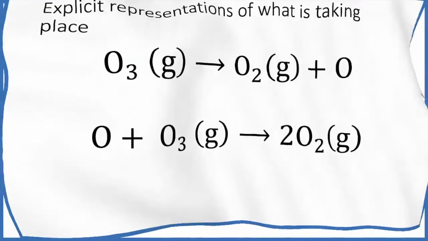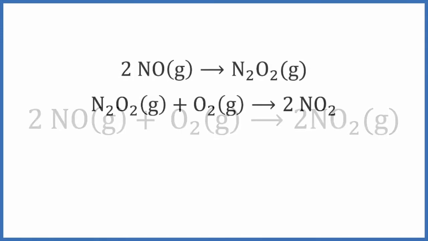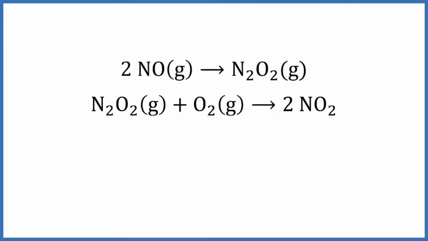Here's an example. We have 2 moles of nitrogen monoxide reacting with oxygen to form 2 moles of nitrogen dioxide gas. The reaction shown by this overall equation actually occurs in 2 elementary steps. First, 2 moles of nitrogen monoxide combine to form 1 mole of dinitrogen dioxide.